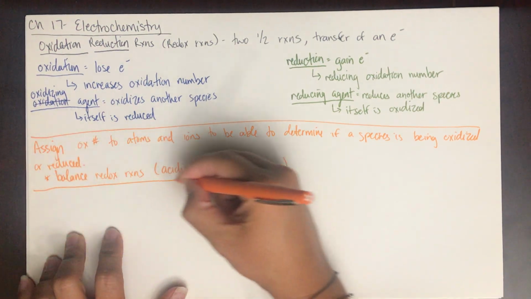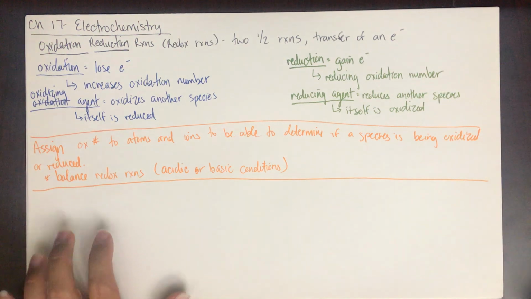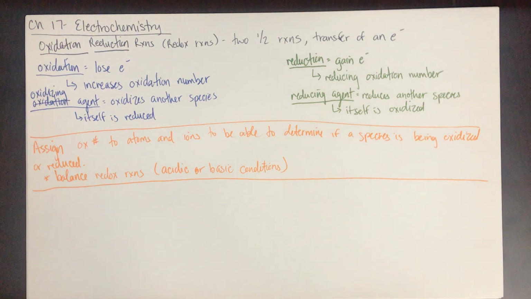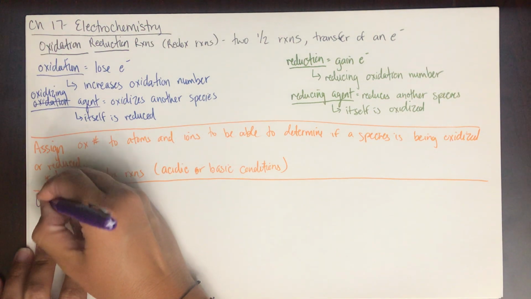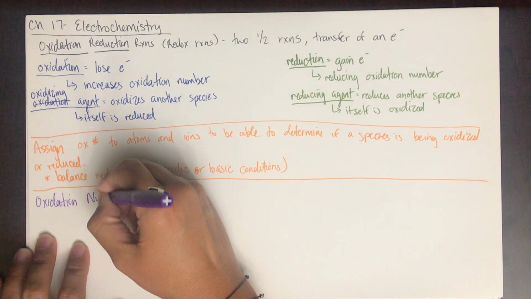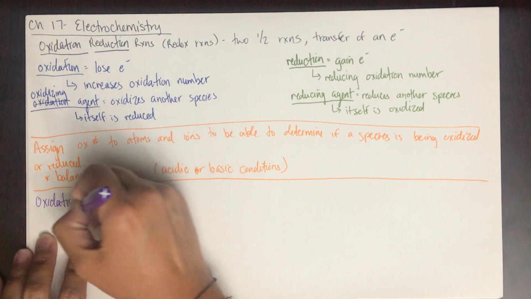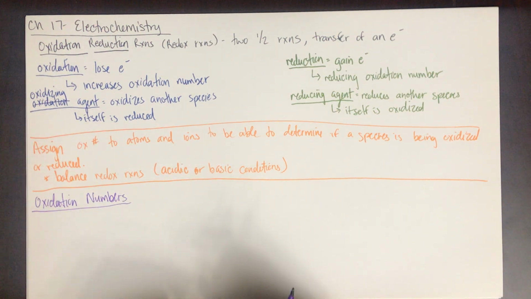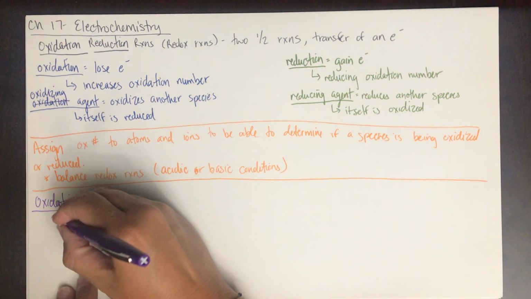Okay, so let's talk about how we assign oxidation numbers. The oxidation number of an atom is 0.